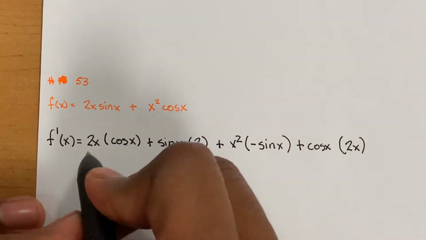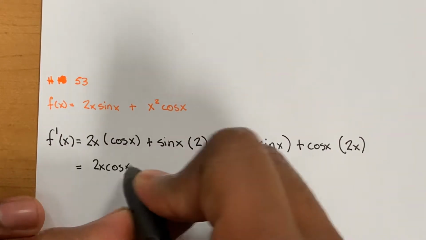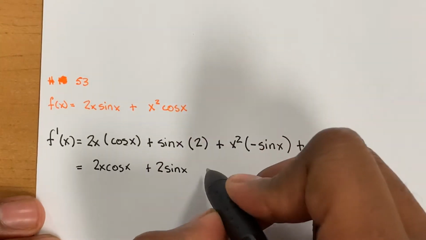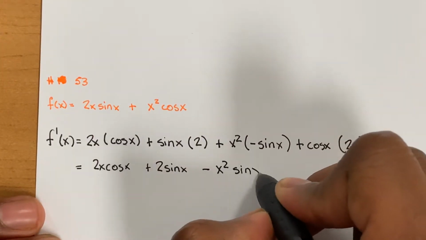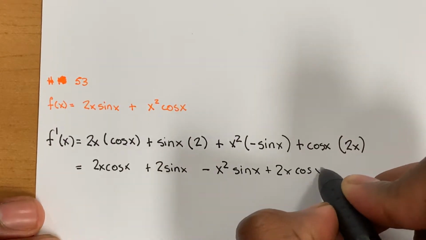So if we fully simplify this, we would get 2x cosine x plus 2 sine x minus x squared sine x plus 2x cosine x.